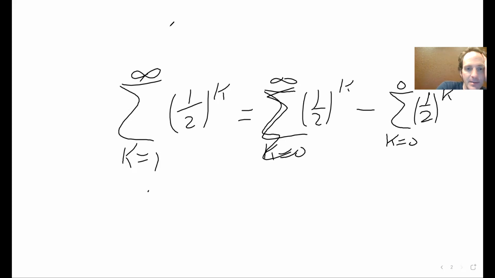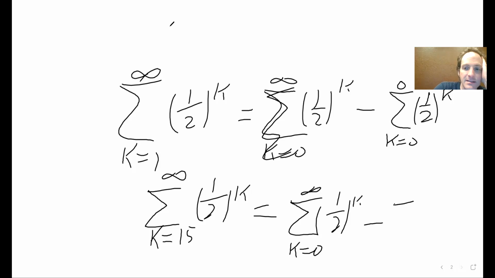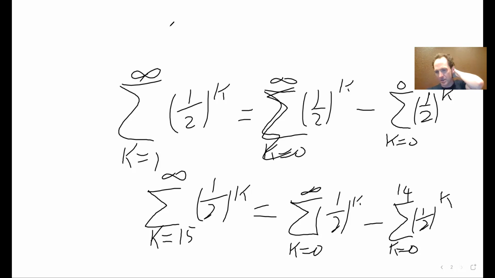So I could look at something like the sum from 15 to infinity of 1/2 to the k. It's going to be the sum from 0 to infinity of 1/2 to the k minus the sum, and I have to be careful here, from 0 to 14 of 1/2 to the k. So I want to leave the 15th term in the sum, but I want to take out all the terms before the 15th term. And so then I can do that.